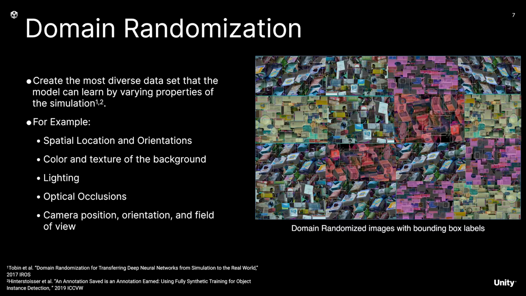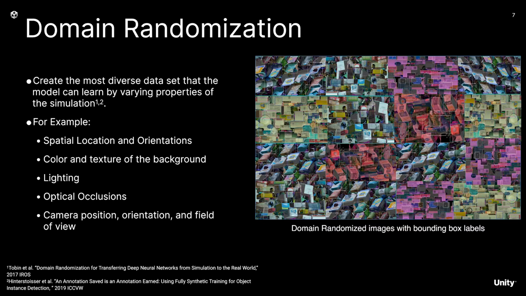For example, we might alter the spatial location and orientation of our grocery objects that we want to detect in maybe an inventory stock application. We could vary the color and texture of the background, the lighting, the optical occlusions, et cetera, et cetera. And suddenly you're presented, because this is synthetic data and it's programmatic, with all the things that you need to vary, and that's actually itself overwhelming.